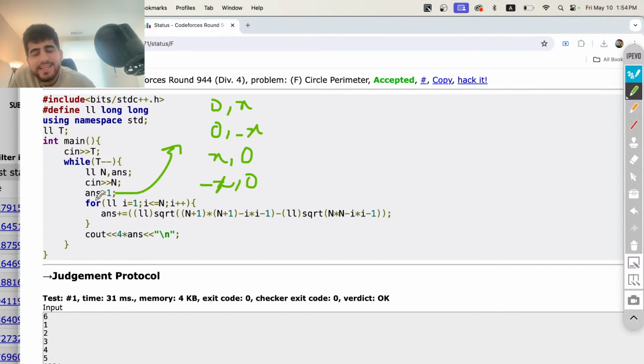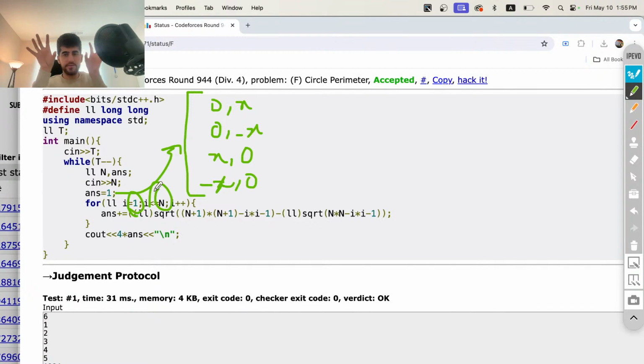So I guess this initial one is for these 4 points, because in the rest of them the number of rows and columns are greater than 0. These are the points which are on the axes, so they are counted separately. The rest of them are exactly in one of the quarters, so you can multiply them by 4.